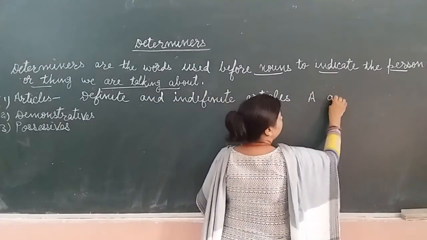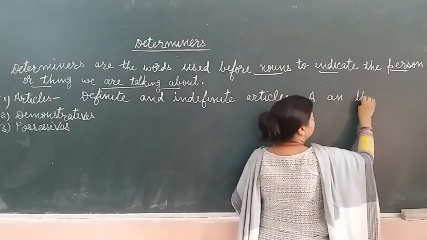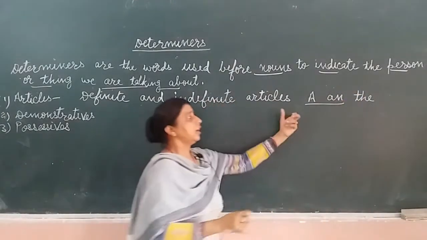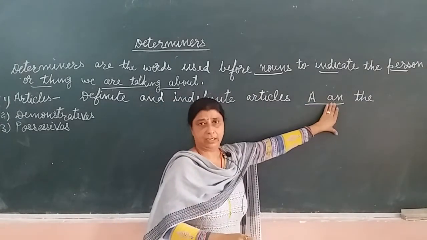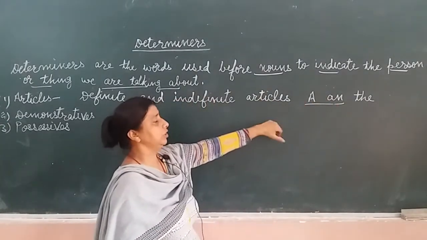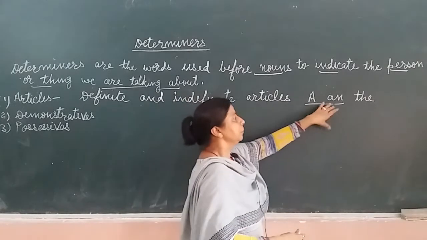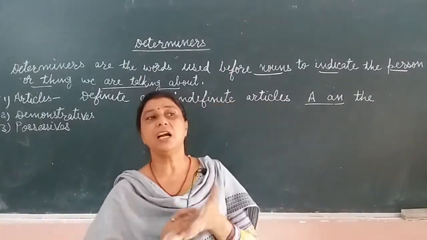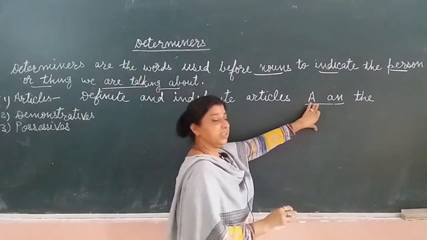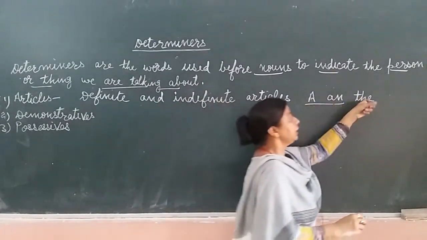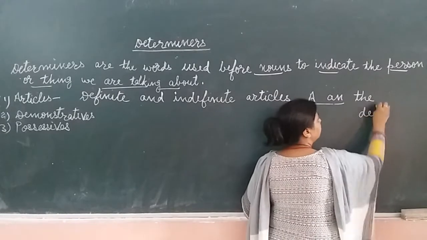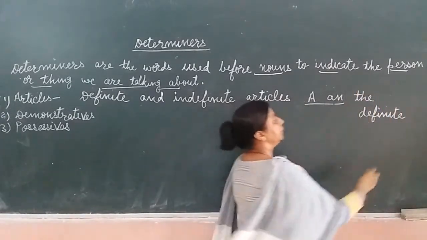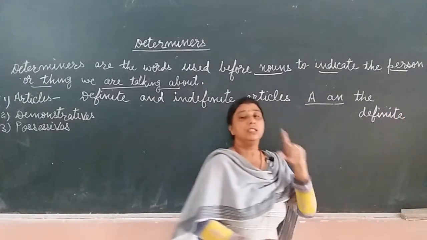These are a, an, and the, in which a and an are called indefinite articles. They are used before nouns or things that are single in unit and have no relevance previously, while the is called a definite article, which indicates the person or thing that is definite.